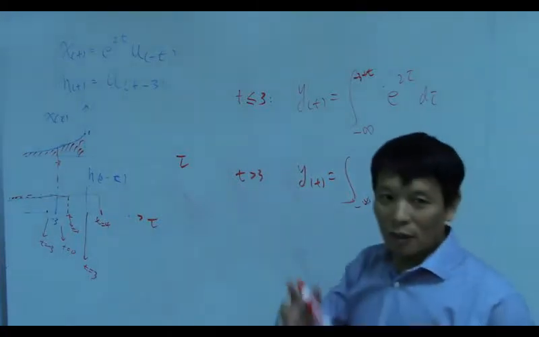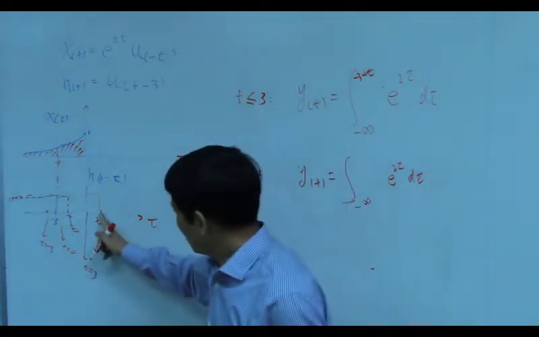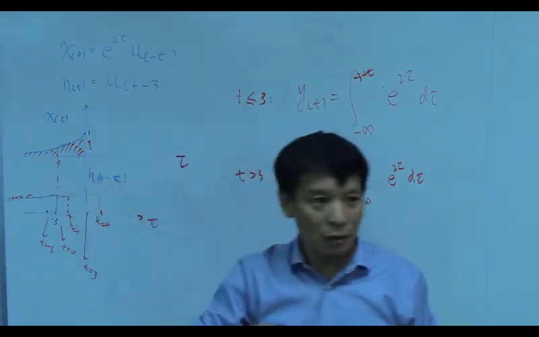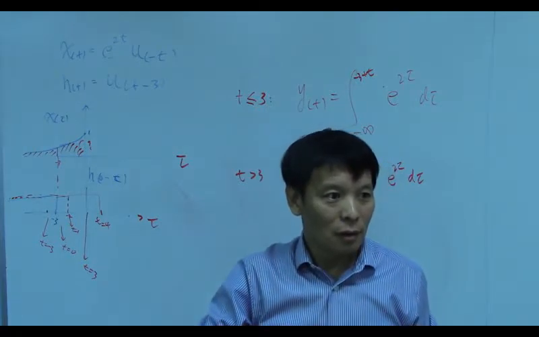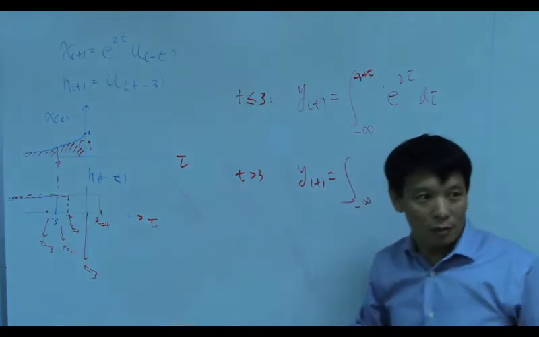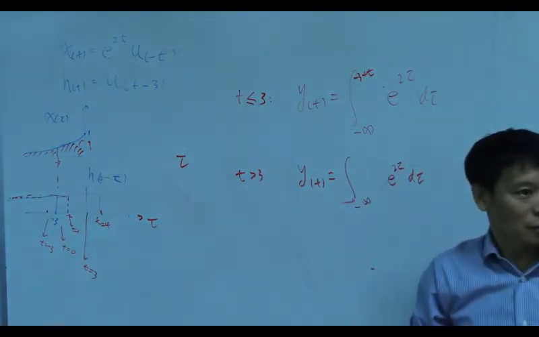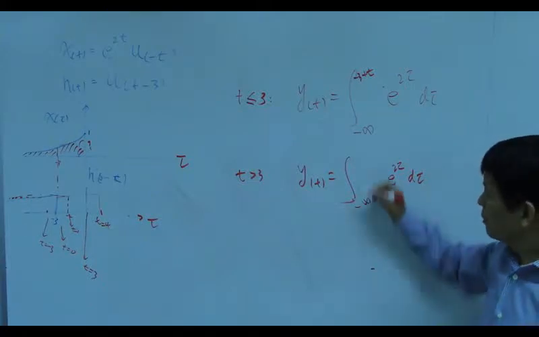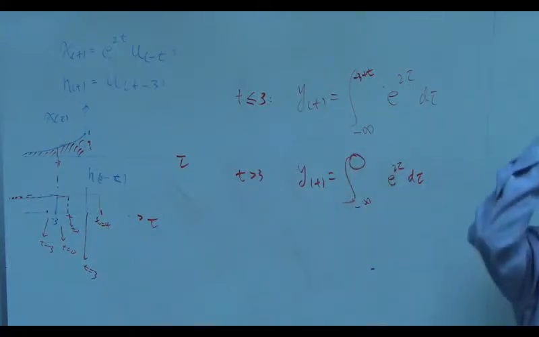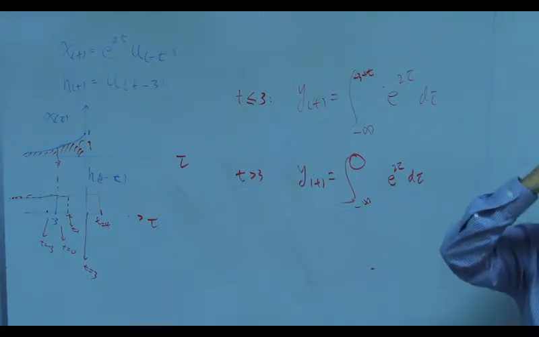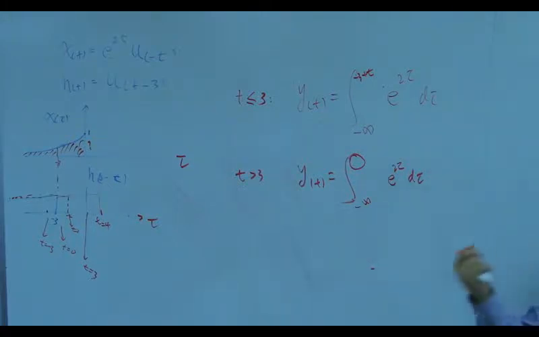Negative 3 plus 4 means 1. You are going to integrate up to this point. Do you need to do integration in this part? So it's from negative infinity to 0. So it's always 0, right? Yes? Yes or no?